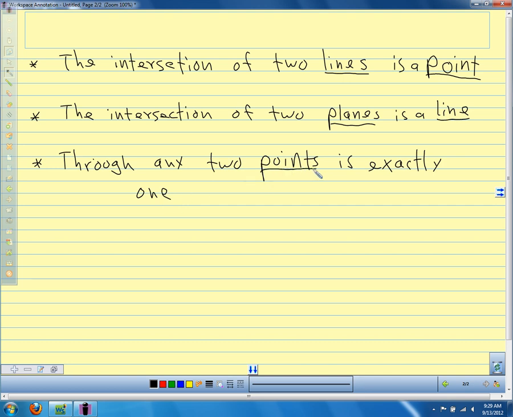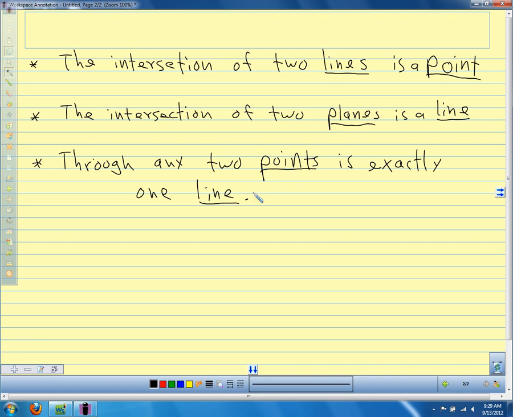What did we say? If we have 2 points, we can always make a line between 2 points. So here are my 2 points. What can we put through those 2 points always? A line. Through any 2 points is exactly one line.